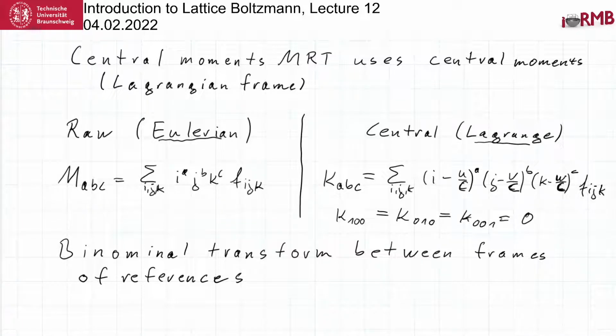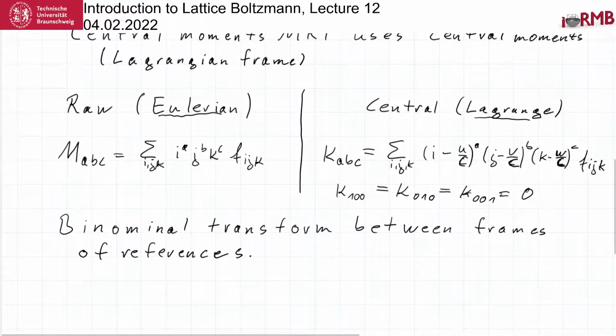So these are the two frames that make sense. And of course, you can define any other frame of reference too, but then they may not have a justification for using that particular frame.